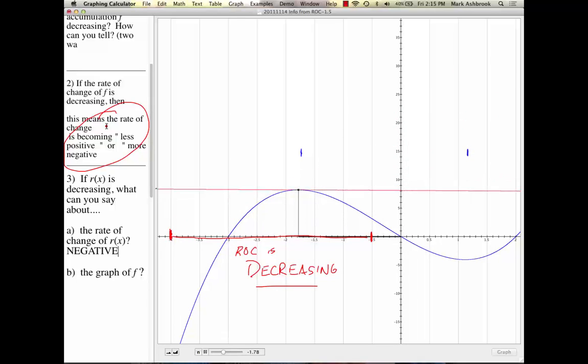So basically what's always happening there is the graph is turning clockwise. You see that? It's turning clockwise. So you see this whole way through here, it's turning clockwise. Right at that point, then what happens? It starts turning counterclockwise.